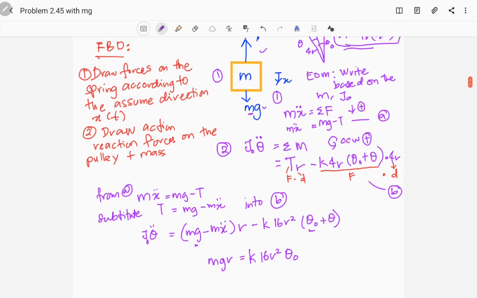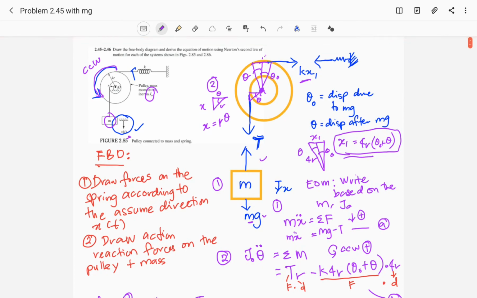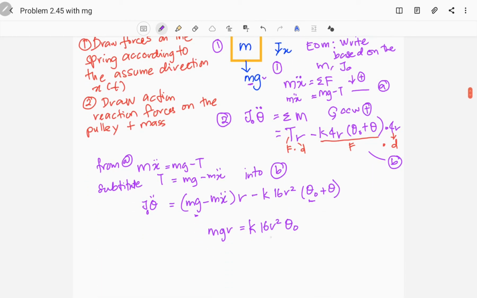Because the effect of mg, we have defined it here, is the displacement due to mg. So as you have this mg, it will move theta naught. And if you look at this triangle here, it is related to your 4r theta naught. So in this case, we write in terms of moment here: mgr equals to k times, basically this is your x naught.